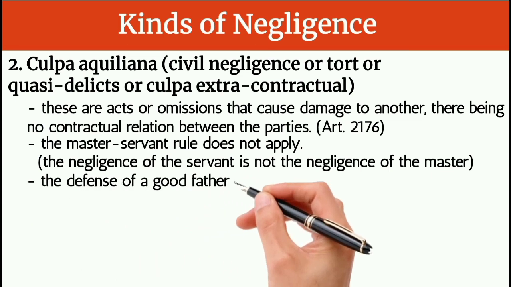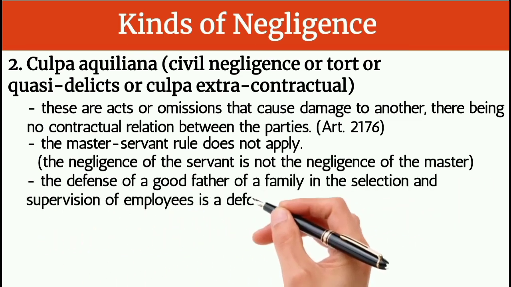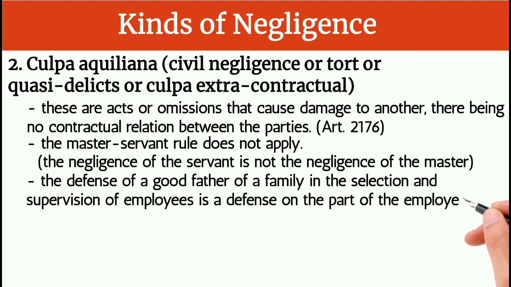Hence, the defense of a good father of a family in the selection and supervision of employees is a defense on the part of the employer to escape liability. In other words, it is a proper or complete defense of the employer, in order for the employer to escape liability.